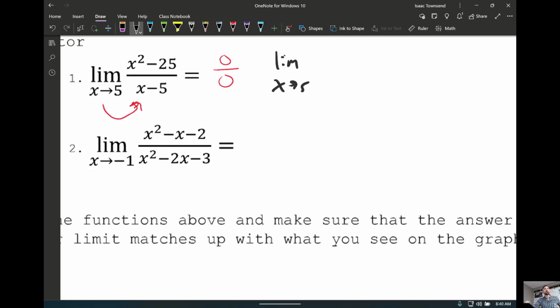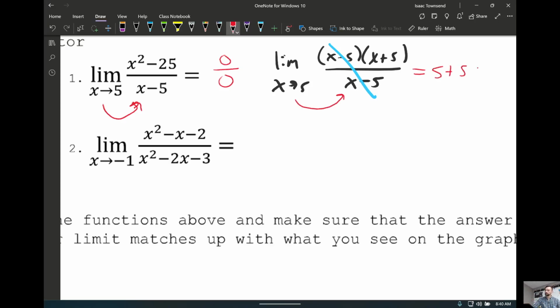Again, today you only have to worry about factoring, but try to factor the numerator, try to factor the denominator, and you need something to cancel before this will work. In this case, the x minus 5 cancels. And then as soon as something cancels, direct substitution will probably work. So plug it into what's left over. If you get a real number, you can assume that that's your answer.